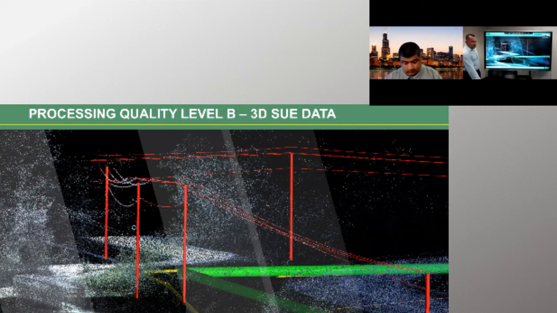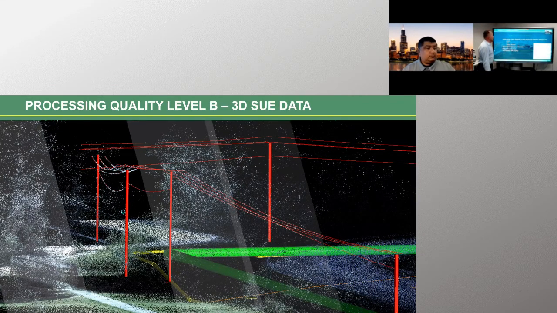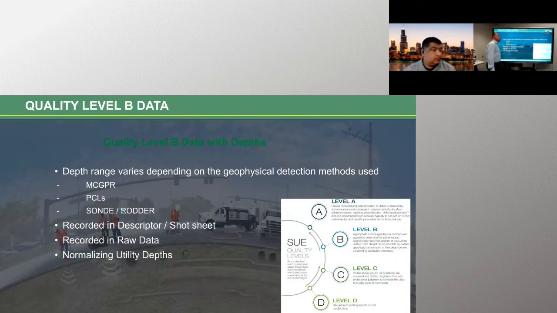A little bit about what Eddie mentioned for the actual processing of the quality level B data. Depending on what geophysical detection methods were used, whether it was multi-channel GPR, PCLs, sound, or radar, it is important to note that and have that as an attribute for your utility segment, because it will determine how the data gets processed and how the utility depths get normalized per the standards.